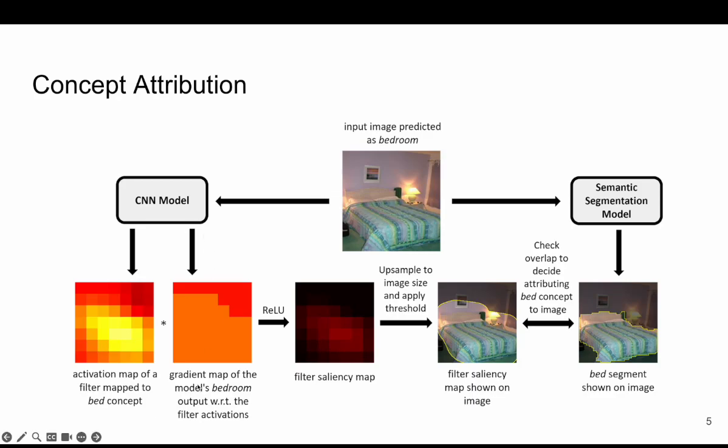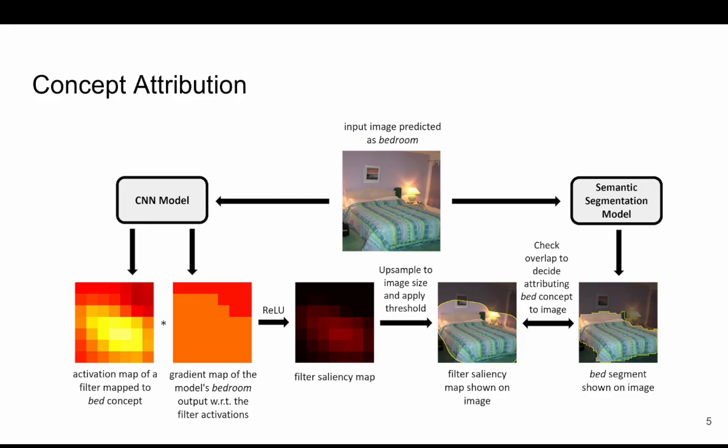So we take the gradients of the bedroom class, take a cross product of that with the activation map of the filter, and what we get is a filter saliency map. The filter saliency map identifies locations in the image that the filter was activated on, and furthermore, that the model paid attention to, that were important for the model when classifying this image as a bedroom, i.e. when computing the probabilities of the different classes.